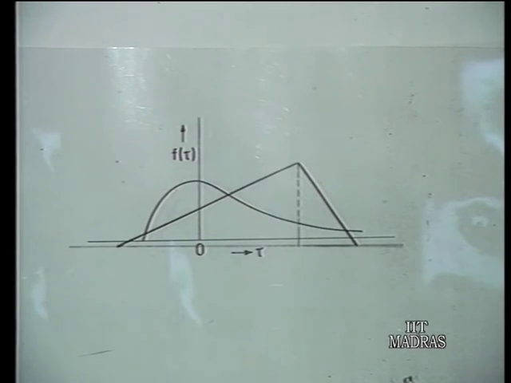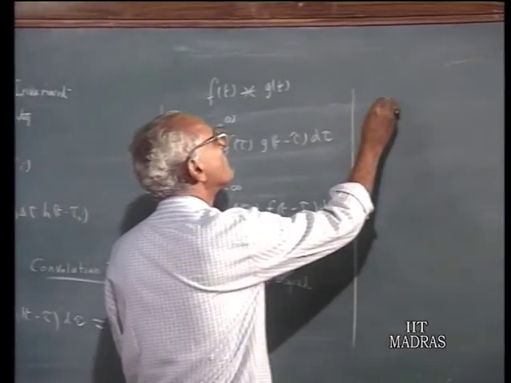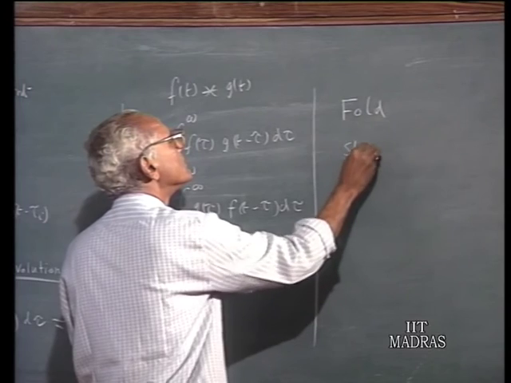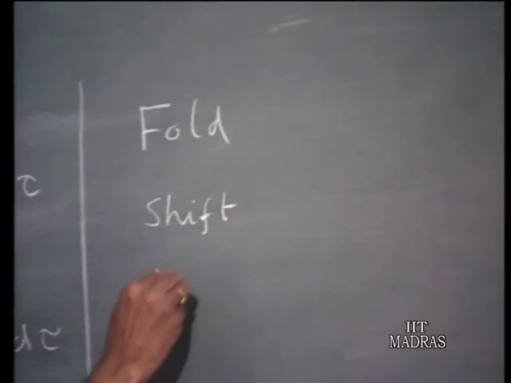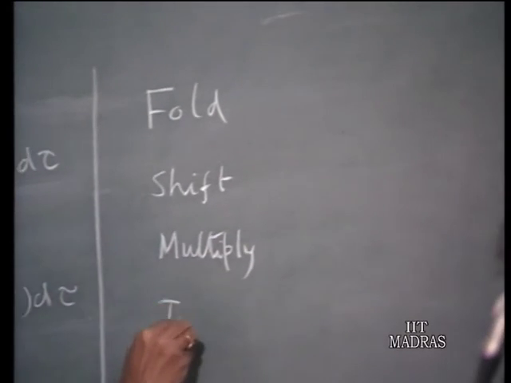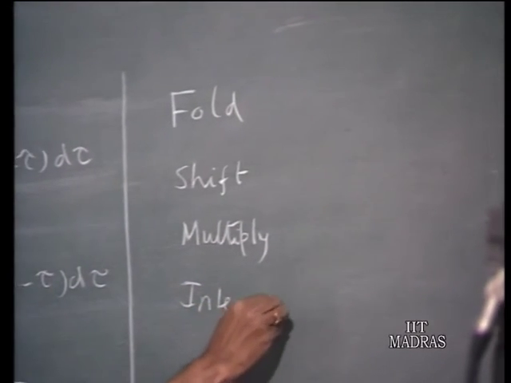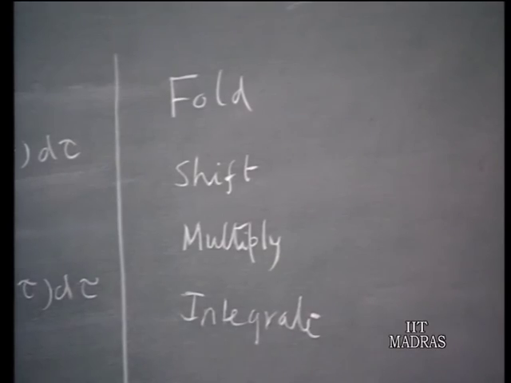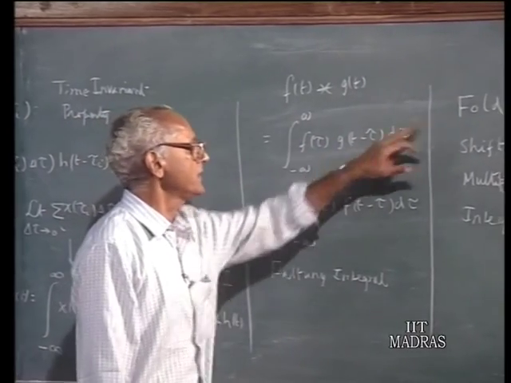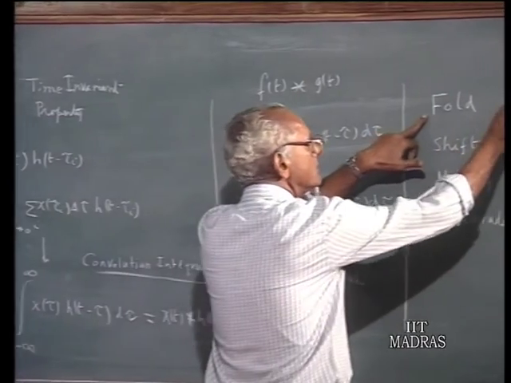So the key words here are fold, shift, multiply and integrate. So you are having here g(t) as the time function, g(minus t) is what is obtained by folding.